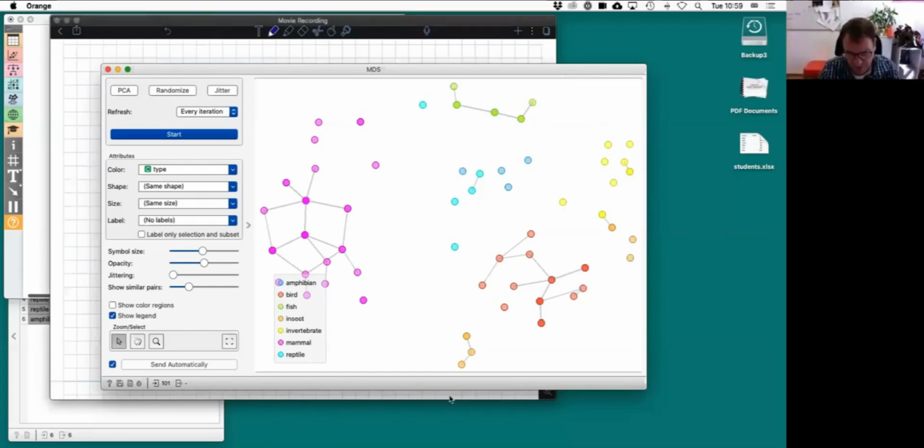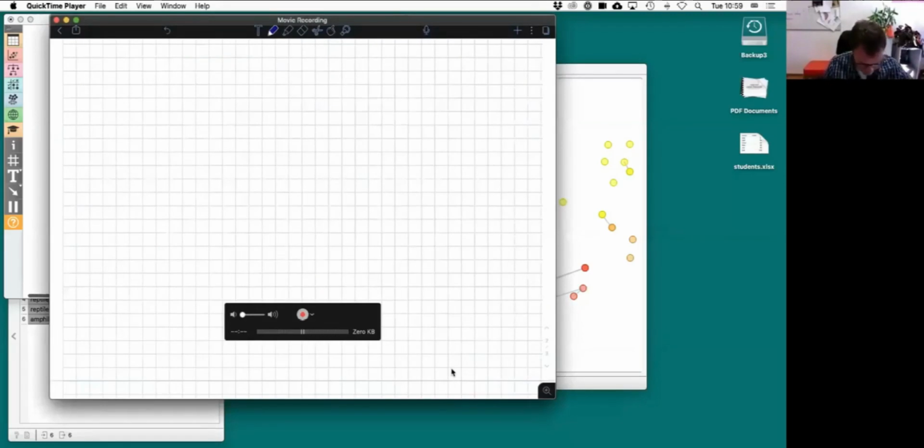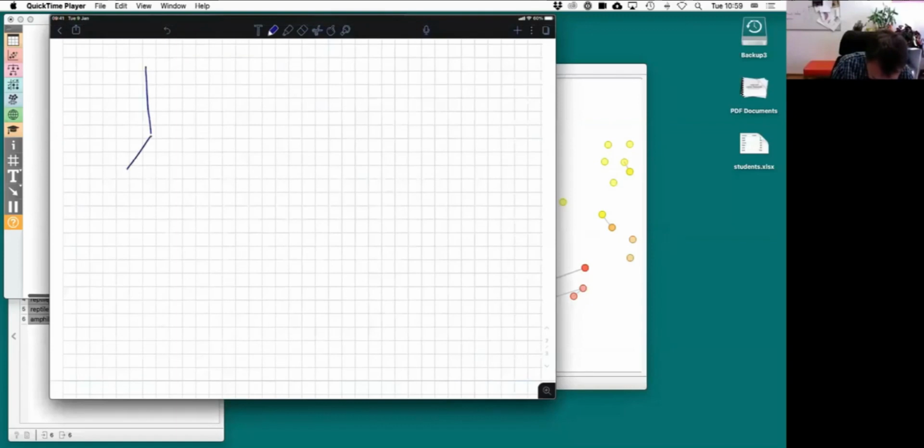So here was the idea. In the MDS, I'm just drawing the data as if it were in 3 dimensions. So maybe the data looks like this.